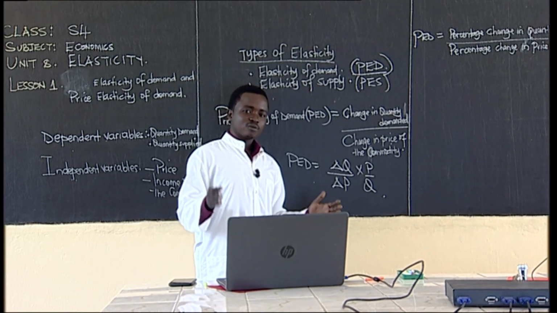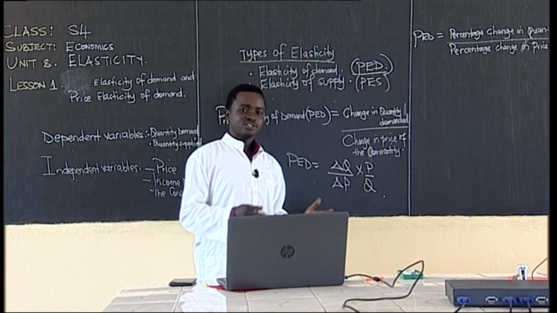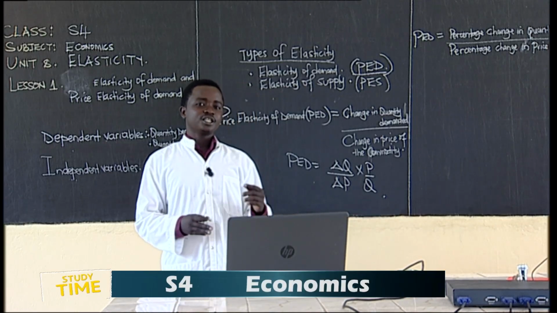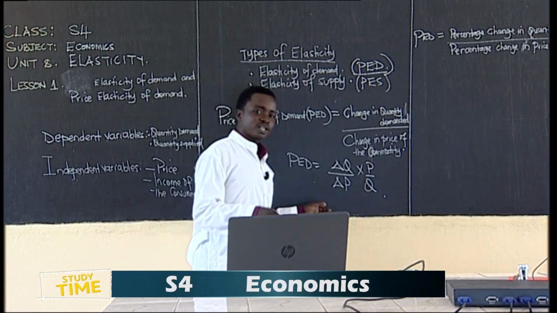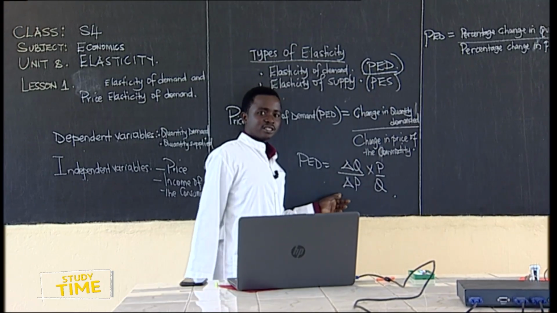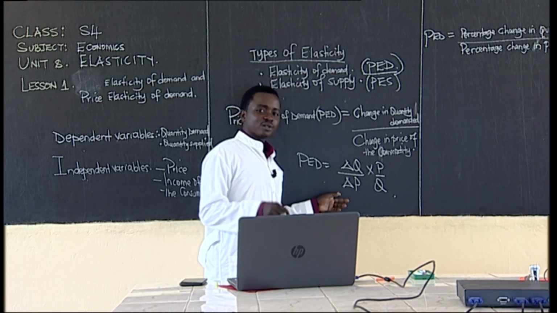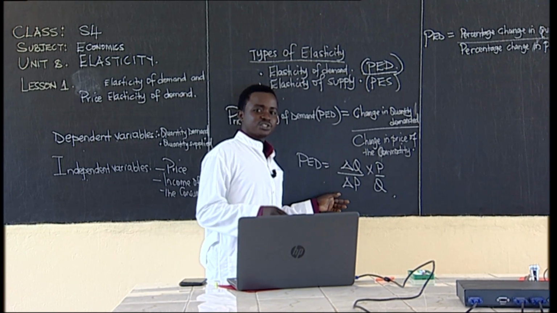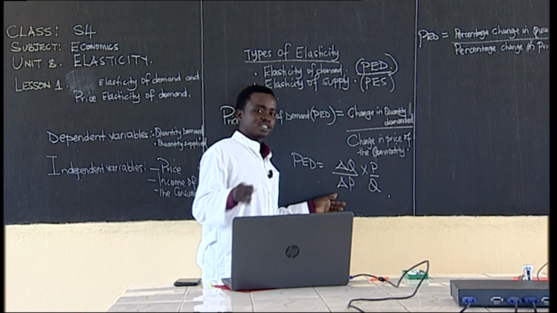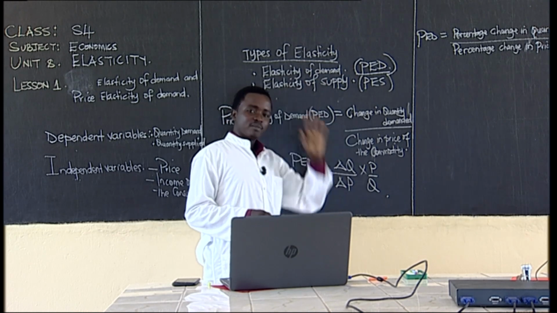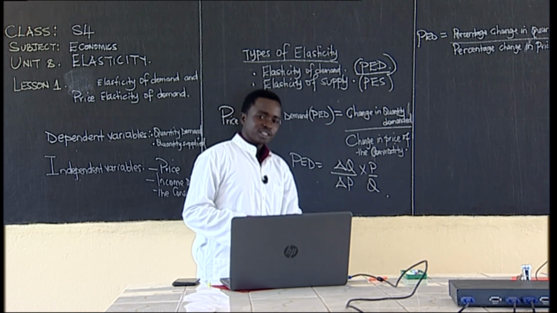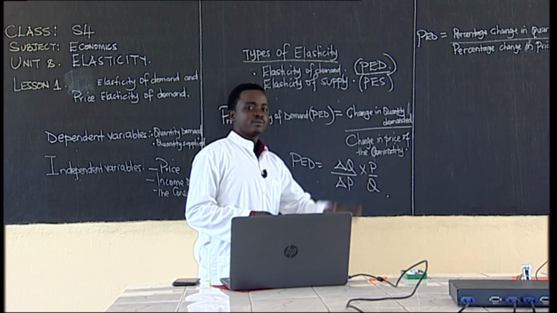We know how the law of demand states. It states that when the price of the commodity increases, quantity demanded of that commodity reduces, and when the price of the commodity reduces, quantity demanded increases.